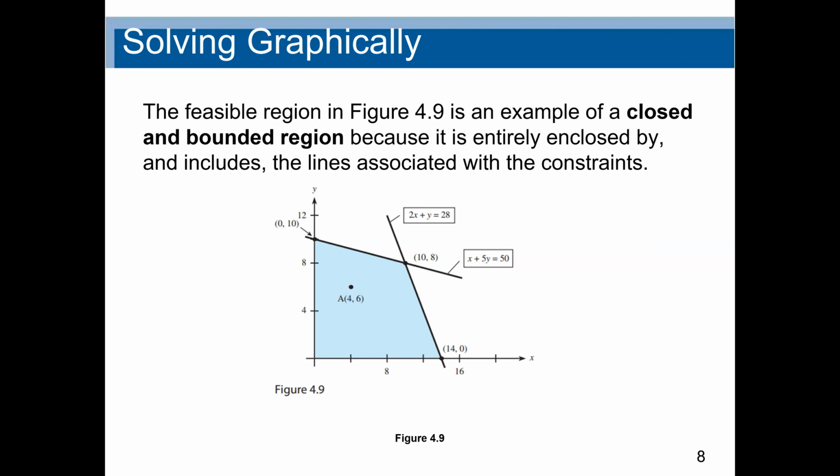Y-intercept means when x is 0, what's the value of y? So for example, here we have 2x plus y equals 28, which is the same as writing y equals 28 minus 2x. So when x is 0, y is 28. So we use this concept and plot our graph.